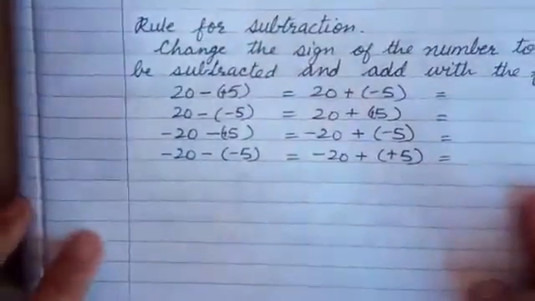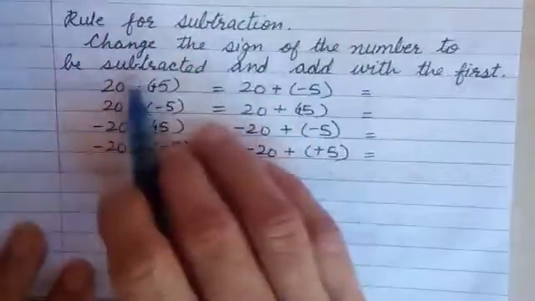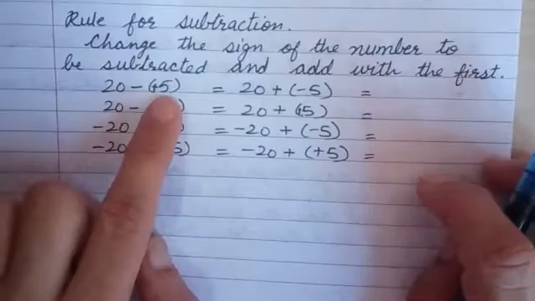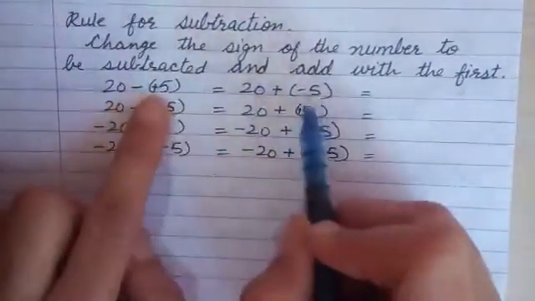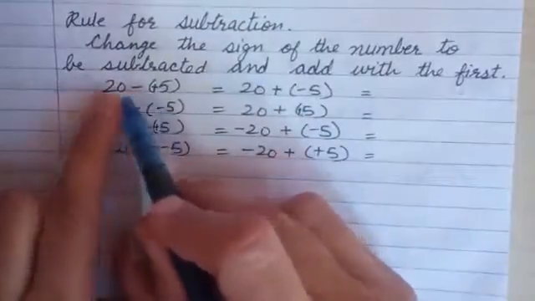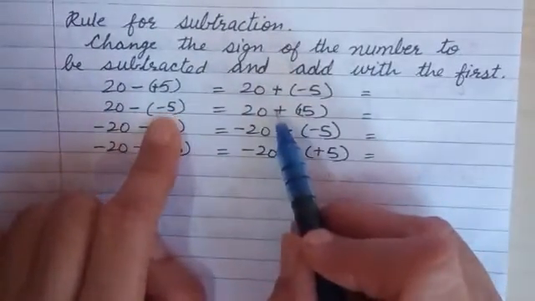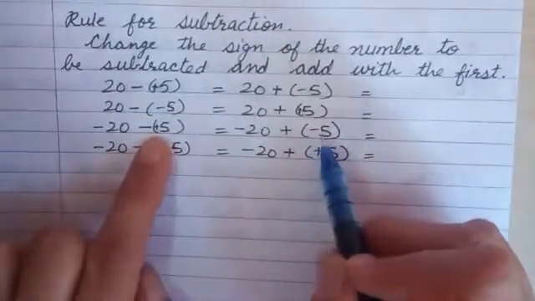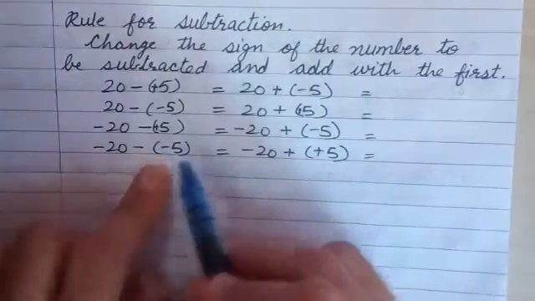Now rule for subtraction. Change the sign of the number to be subtracted and add with the first. Here 20 minus 5: this plus 5 will be written as minus 5 and added to the first number. Minus 5 is written as plus 5 and added to the first number.